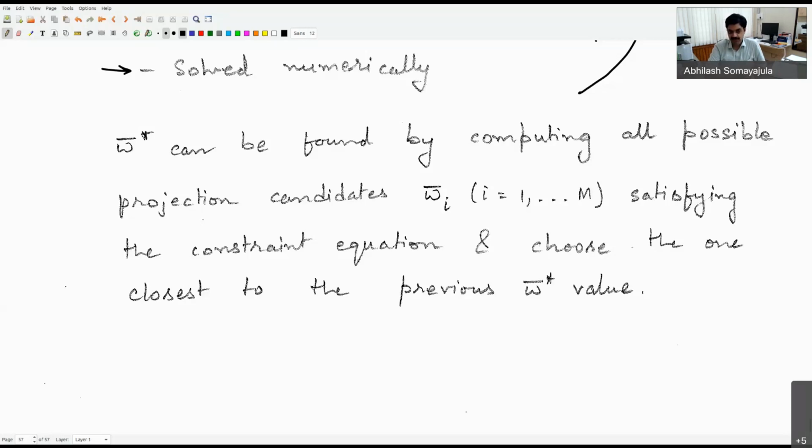Now, next class onwards, we'll start discussing control. We'll mostly first focus on PID control, where we'll be looking at the ideas of proportional, derivative, and integral control for linear as well as nonlinear systems. Okay.